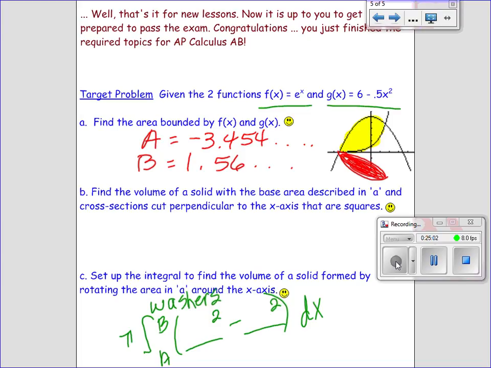So which y value is it that is my outer radius? The y value for g of x, because notice that would be the parabola that you're going out the most with. So g of x is going to be squared for the outer radius, and then the inner radius, or the little radius, is e to the x. So that's the f of x one.